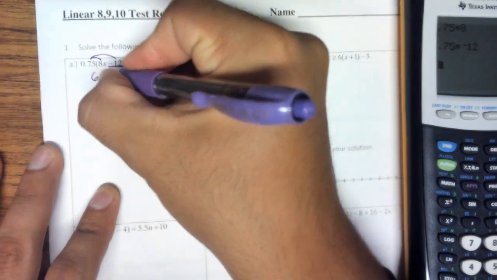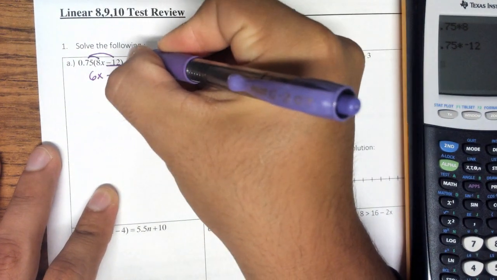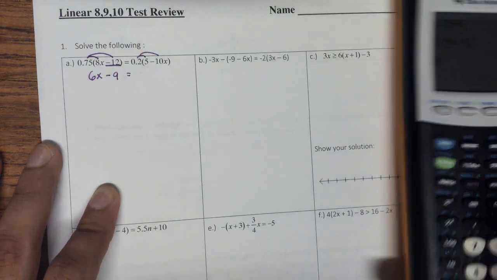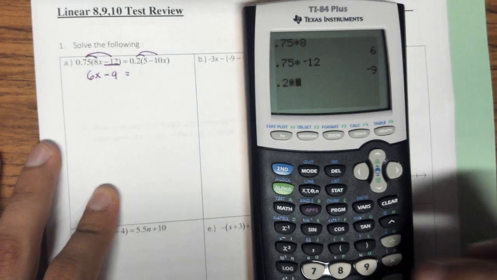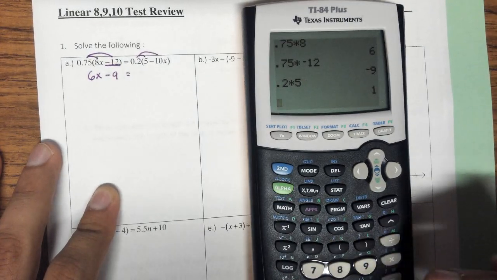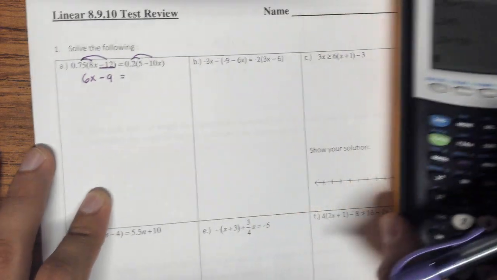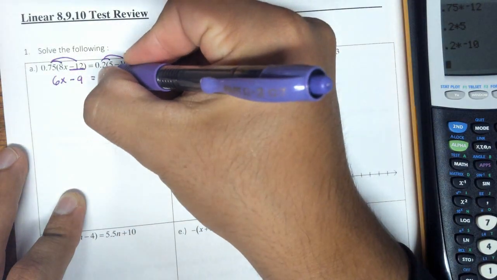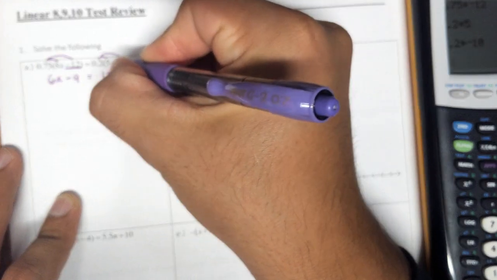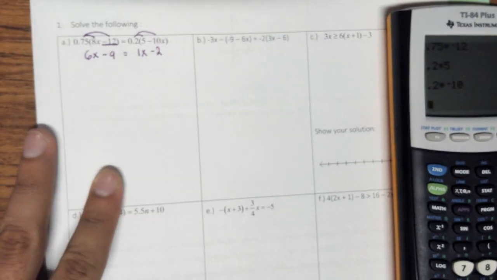So then that gives me negative 9. I can do the same thing on this side. 0.2 times 5 gives me 1, and then 0.2 times negative 10 gives me negative 2. Okay, so that's my equation so far.